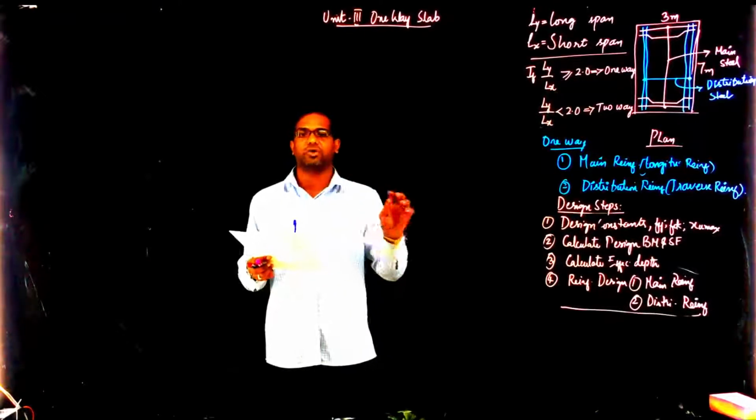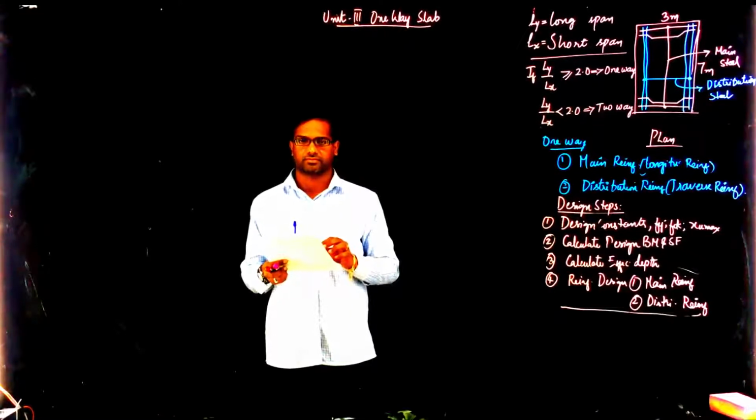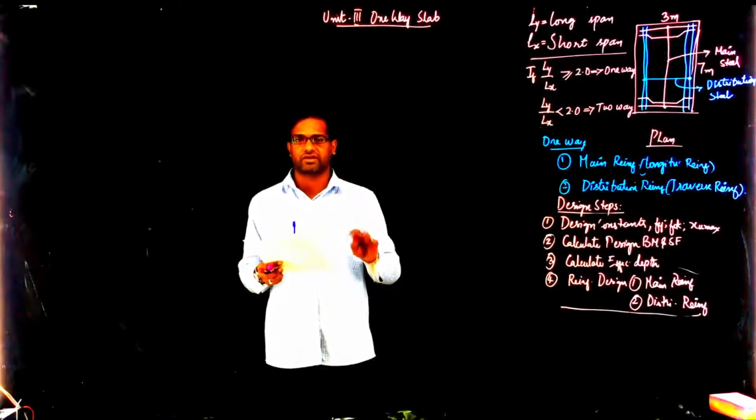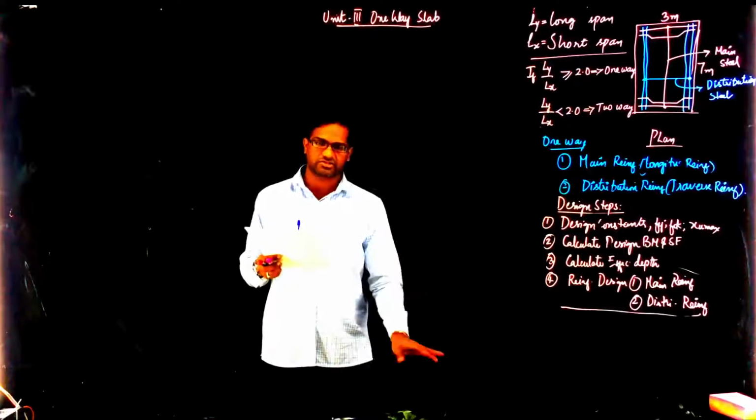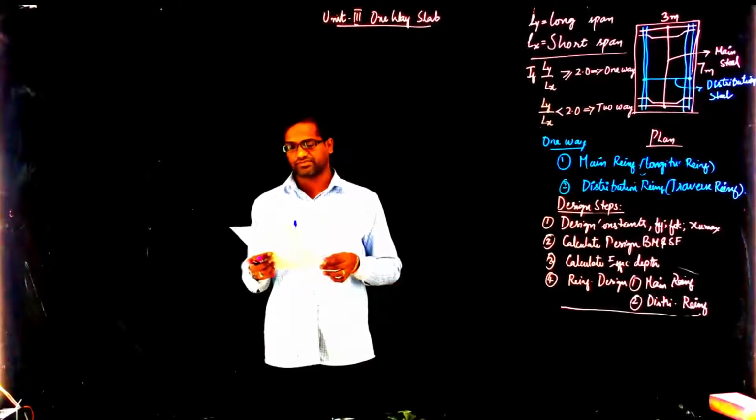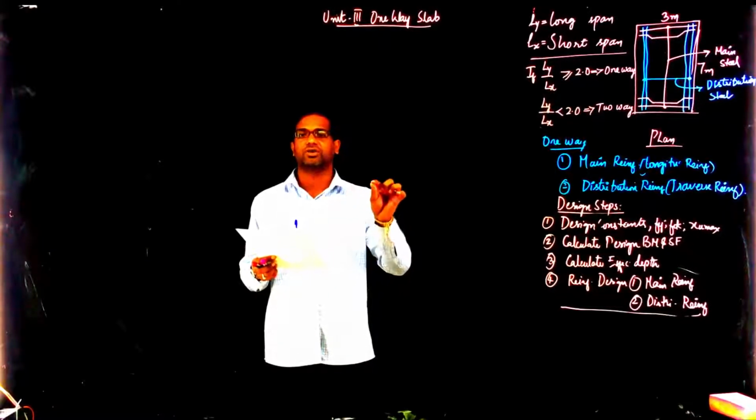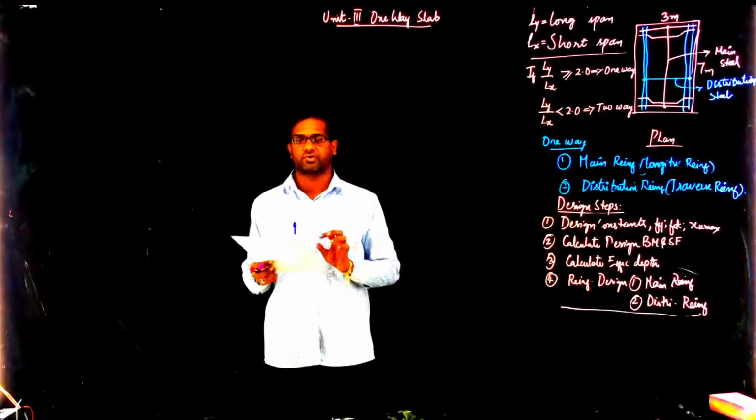Unit weight of lime concrete: whatever finish you have done, that unit weight is 20 kilonewton per cubic meter.